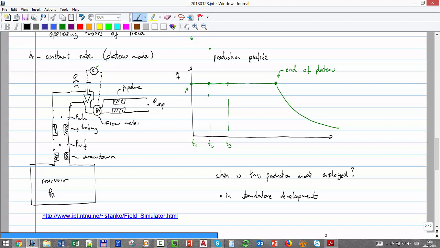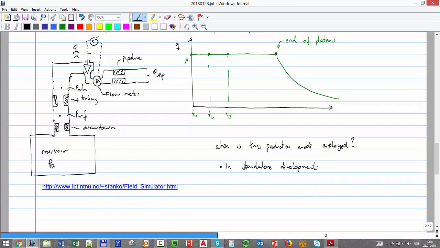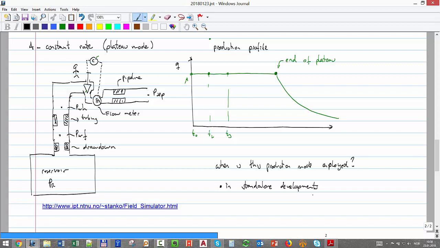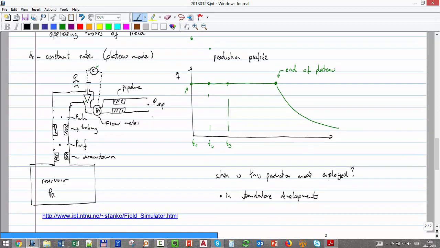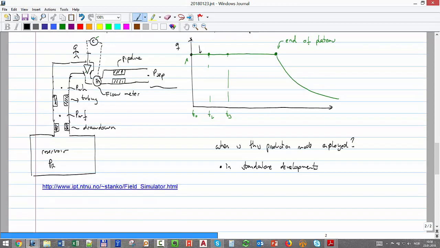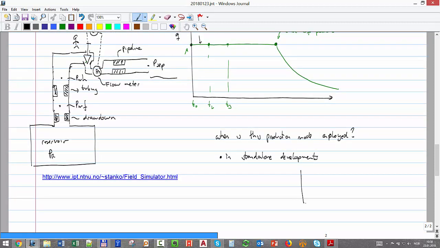Okay, and why is that? Well, because if I design, for example, all of this processing train that is here, right? I designed that for a rate. I designed that for this rate, and it's really not very economical if I produce like that, and I design my processing facilities for something like this.